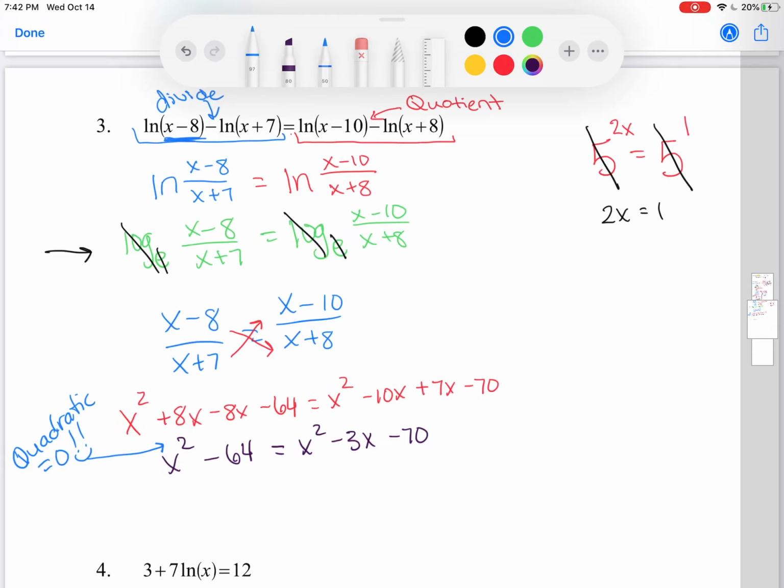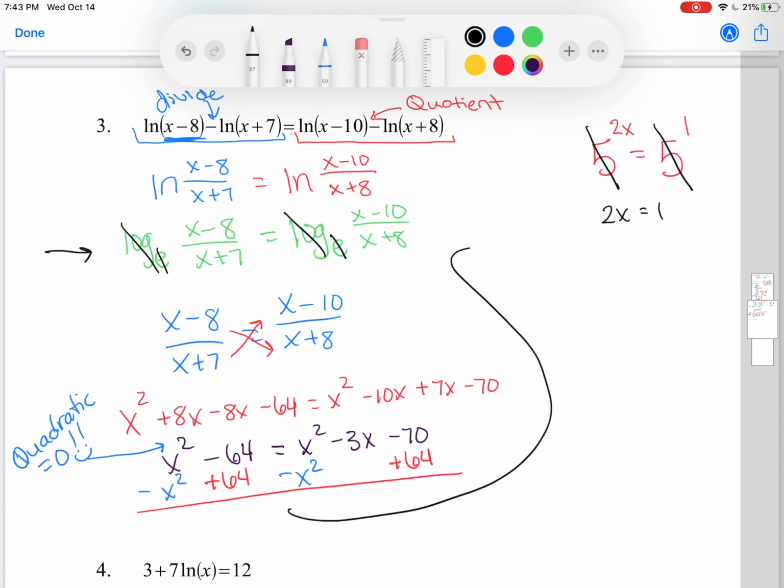And just like last time, as soon as you see a quadratic, we know that we need to get one side equal to 0. So that means I'm going to move everything on the left-hand side just because there's only 2 terms as opposed to 3 terms. So that means I want to subtract x squared from both sides, matching up your like terms.